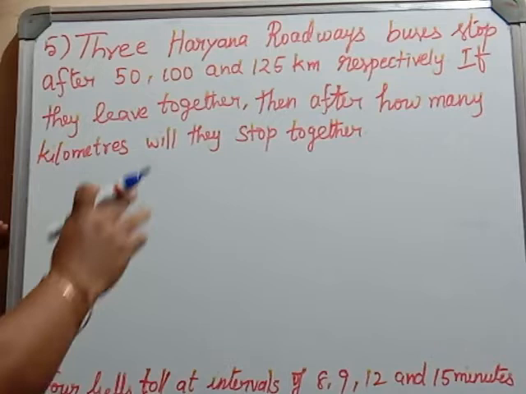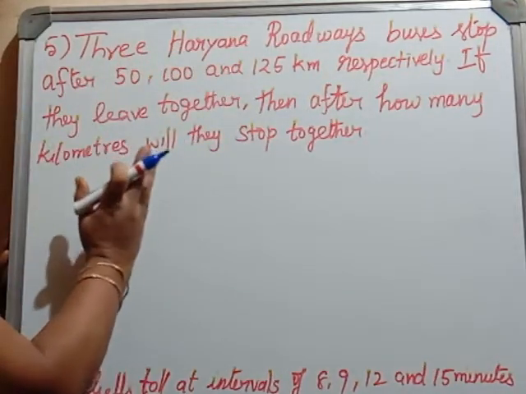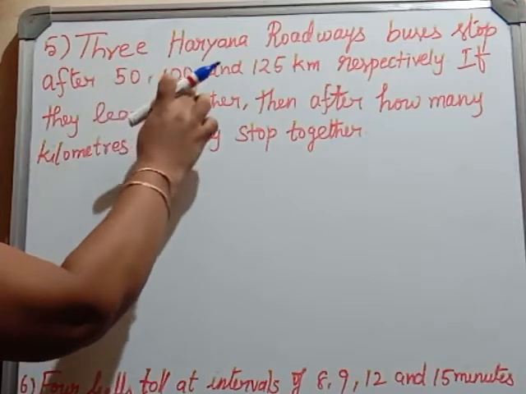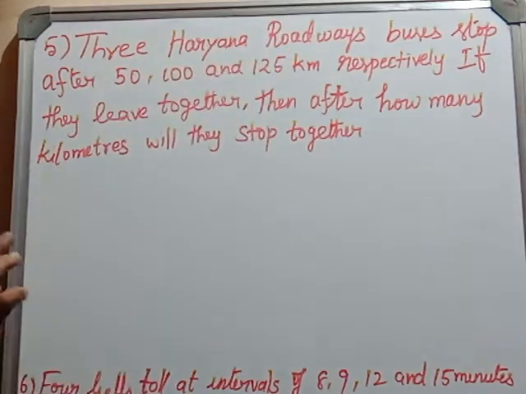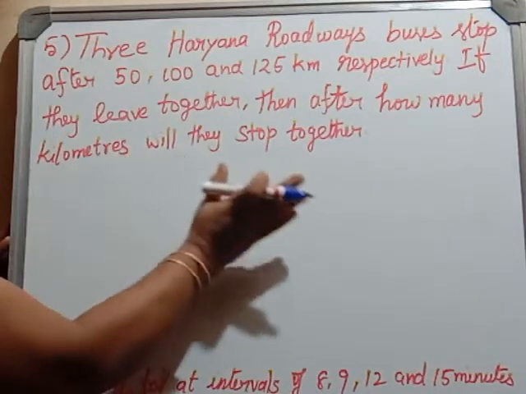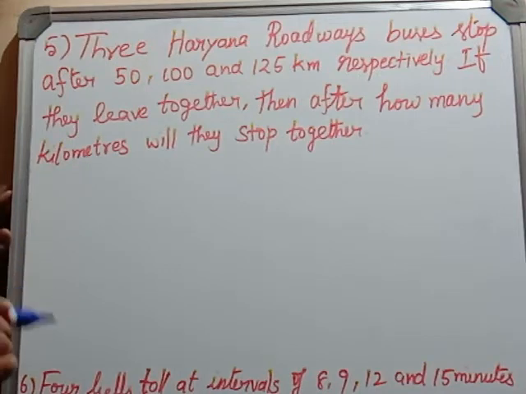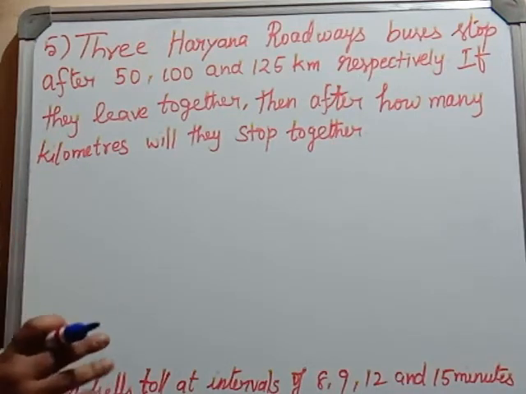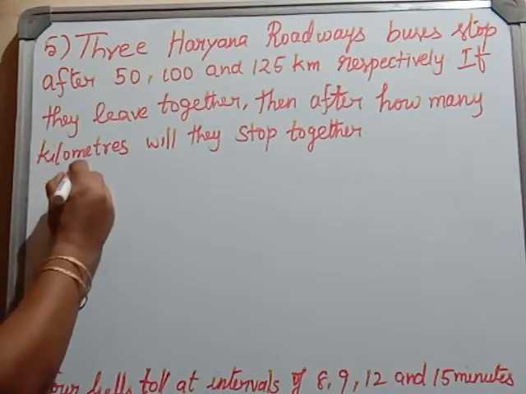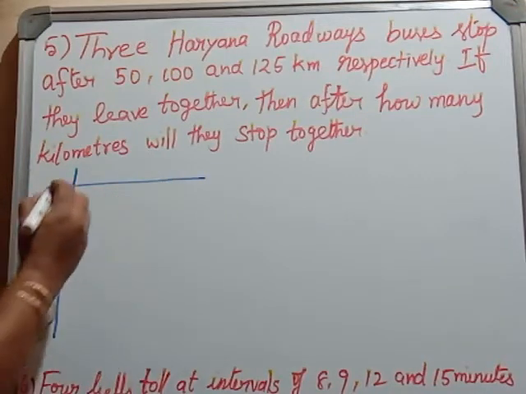All 3 buses leave together, but each bus stops after 50, 100 and 125 kilometers. After how many kilometers will all 3 stop together again? So what we have to do? We have to find the LCM. Then only we come to know after how many kilometers these 3 buses can stop together.